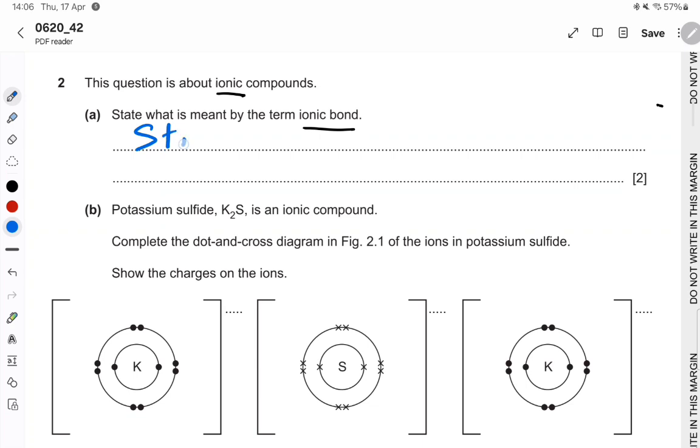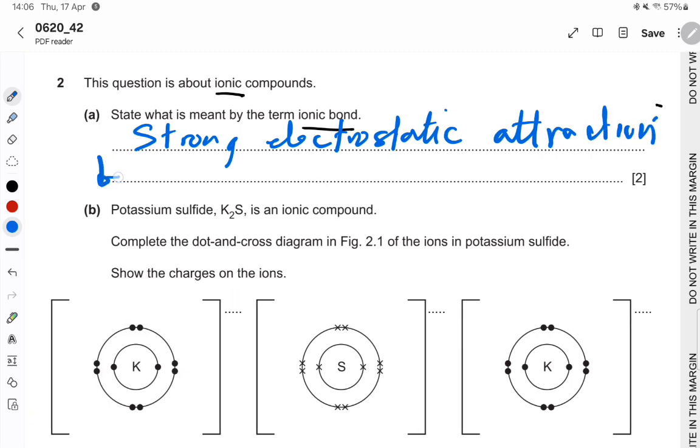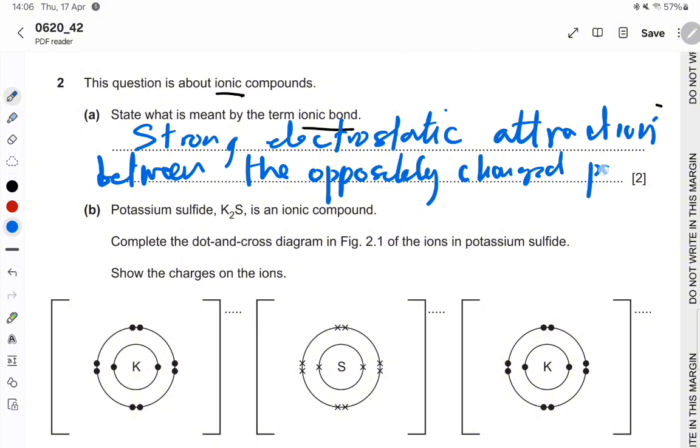strong electrostatic attraction, it's not moving, so it's electrostatic attraction. That's 1 mark, but you must say between the oppositely charged particles.